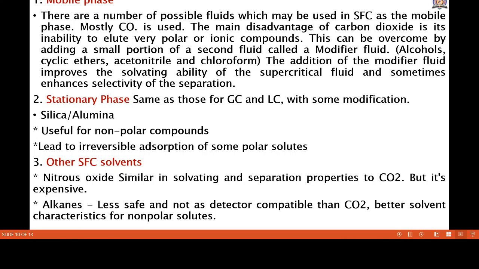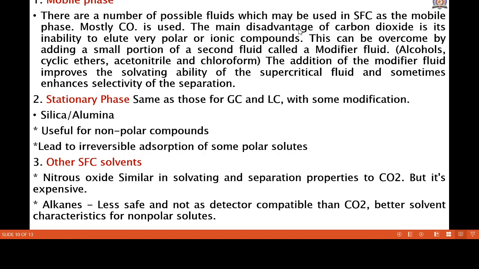Then next is mobile phase. There are a number of possible fluids which may be used in SFC. As the mobile phase, mostly CO2 is used, carbon dioxide.